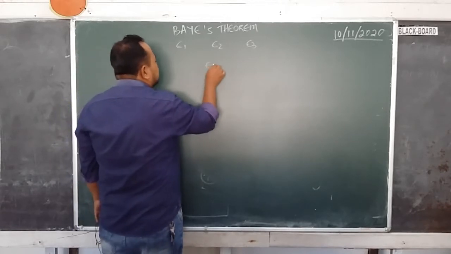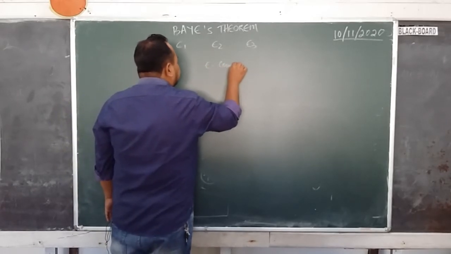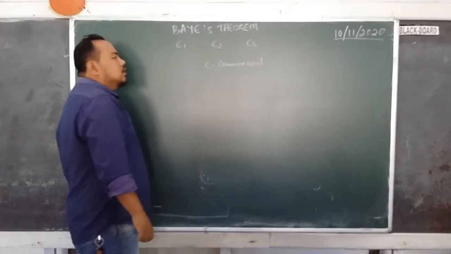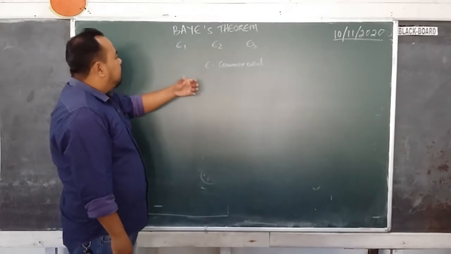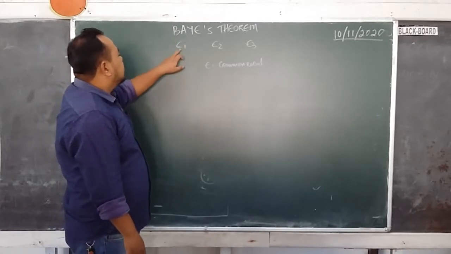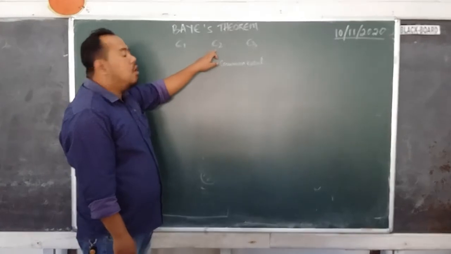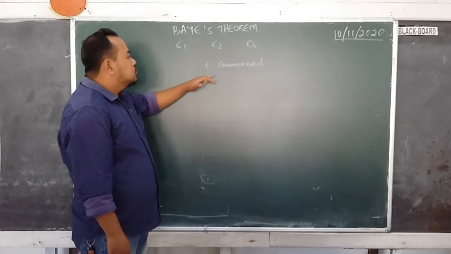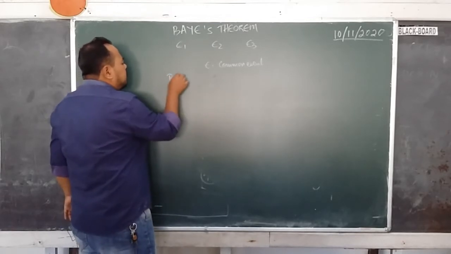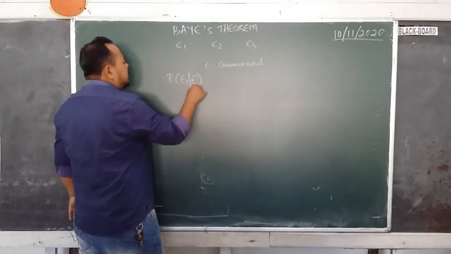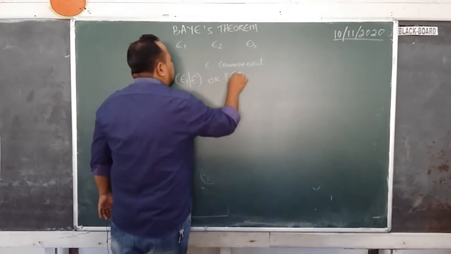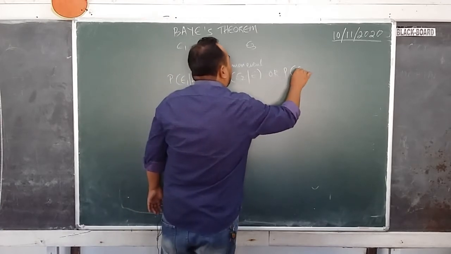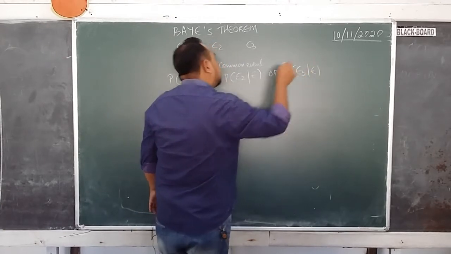And there is a common event E. Then I can find the probability of getting E1 or E2 or E3 provided E has already occurred. So I can find the probability of E1 slash E, or the probability of E2 slash E, or the probability of E3 slash E. So this is called Bayes theorem.